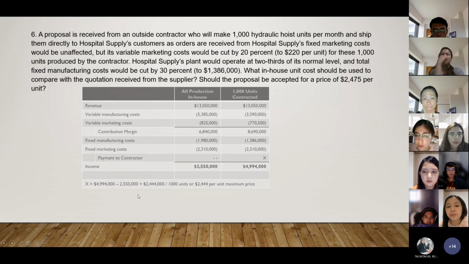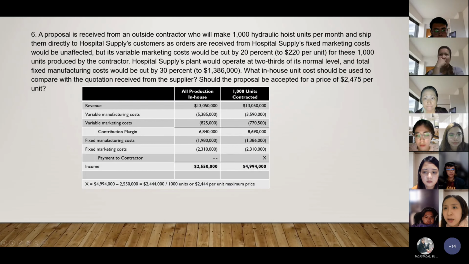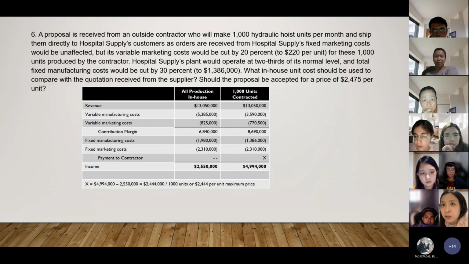Next, it consists of all production in-house and 1,000 units contracted. So this will be the revenue. The variable marketing cost is almost the same. As you can see, in all production in-house, the variable manufacturing cost would be 5,385,000.